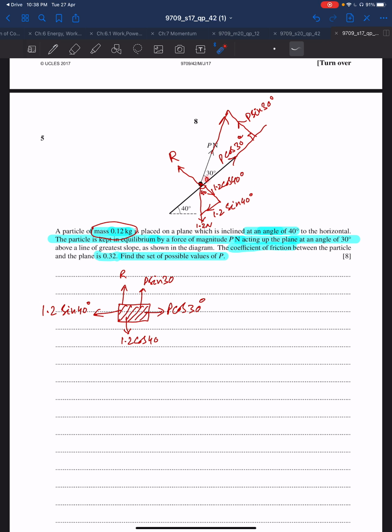Let the force P be enough that this particle is at the point where it is about to move upwards. At that time its direction of motion is towards this side, so the friction will work in the opposite direction. So this would be the first case.